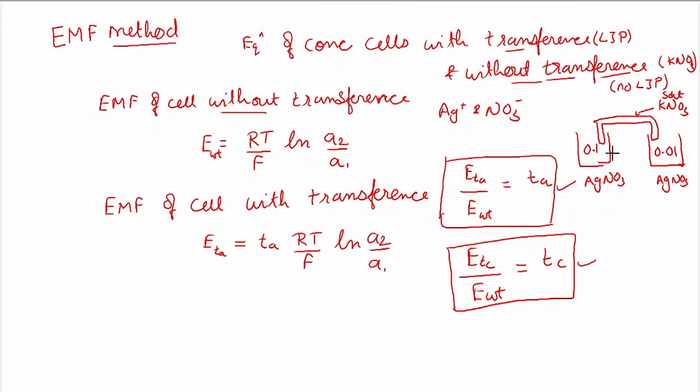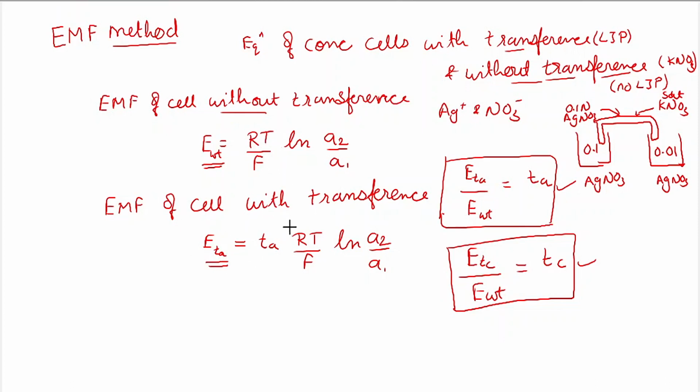When we use the saturated KNO3 salt bridge, that will be our concentration cell without transference. The second time we measure it with a 0.1 normal AgNO3 salt bridge, and that will be the concentration cell with transference.